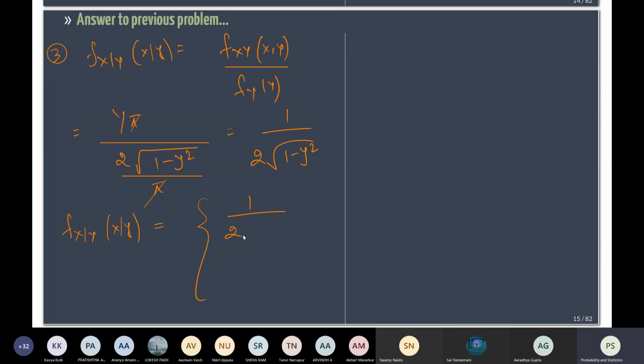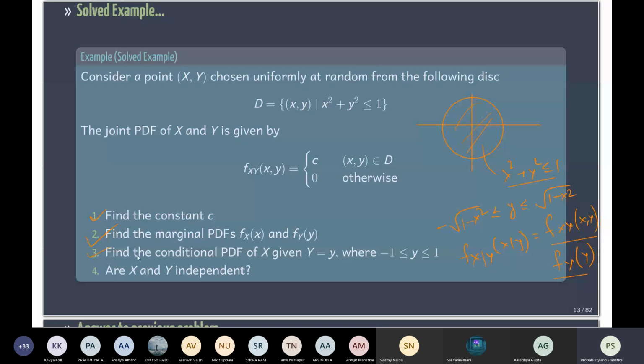So this is 1 by 2 square root of 1 minus y square, and it is defined for the values of x between minus square root of 1 minus y square and plus square root of 1 minus y square. And it is 0 otherwise. So this is the conditional that we were supposed to find.